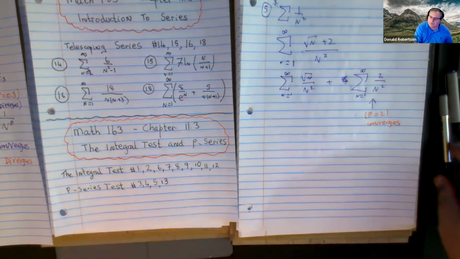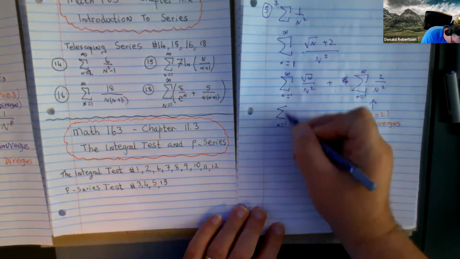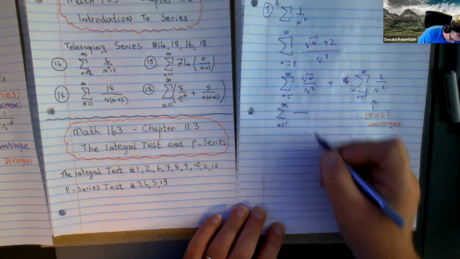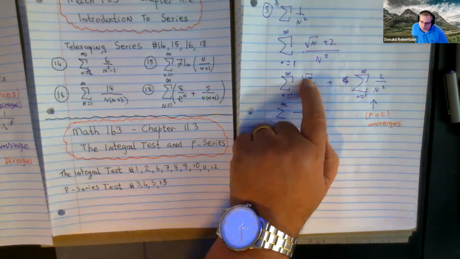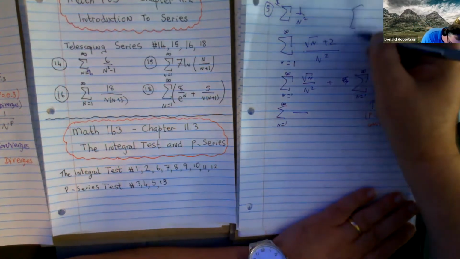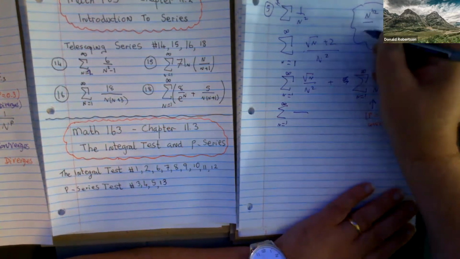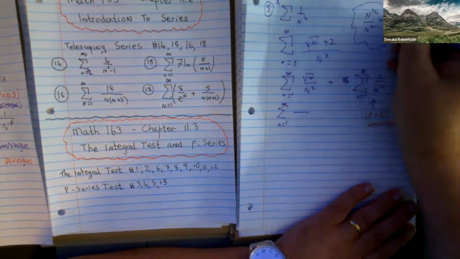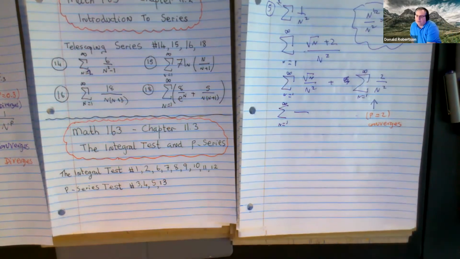That wasn't too painful. Now, this guy needs a little bit more work before it's truly a p-series. Essentially, that's a square root of n on top and an n squared on the bottom. So if I wanted to simplify it, I might call it n to the half over n squared. And then, are you happy about where the 3/2 would come from?